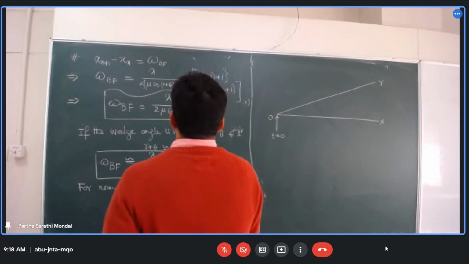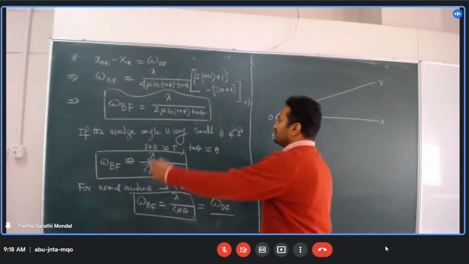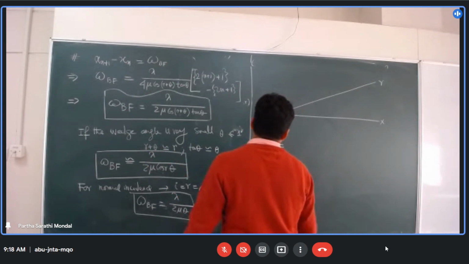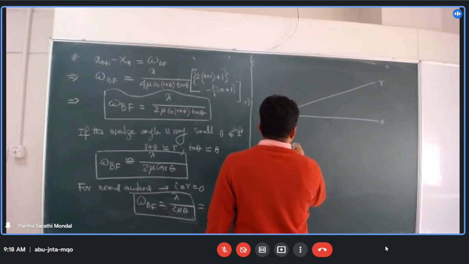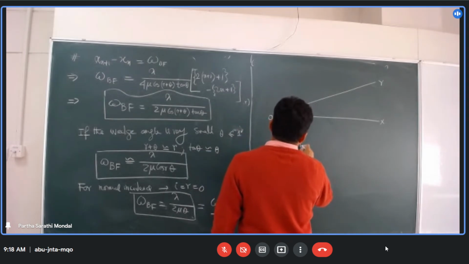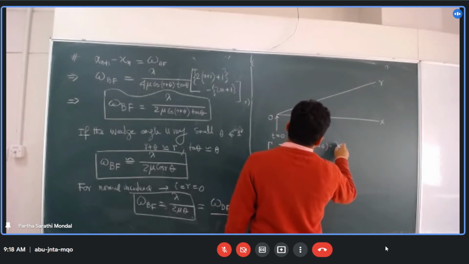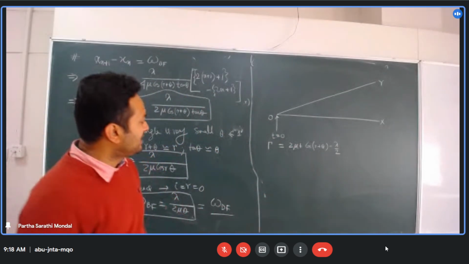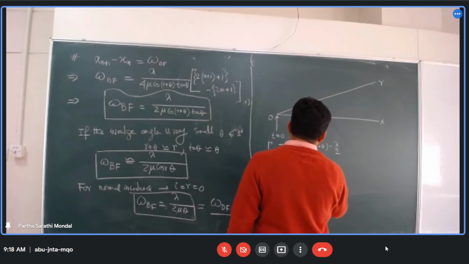Okay, so now what is the condition for the path difference? What was the path difference? Gamma equal to, what was it? It was 2 mu t cos(r plus theta) minus lambda by 2. Wasn't it? This is the total path difference. Okay. So now at this point, t will become 0.